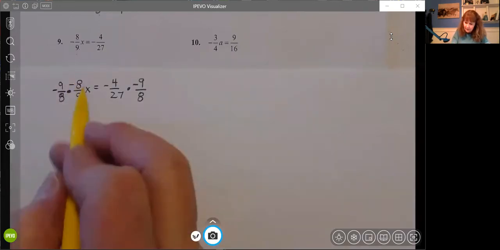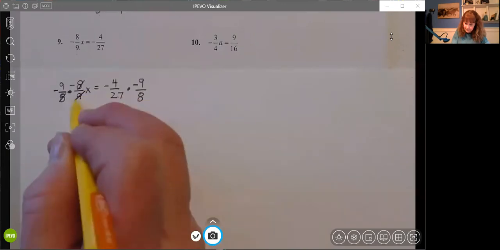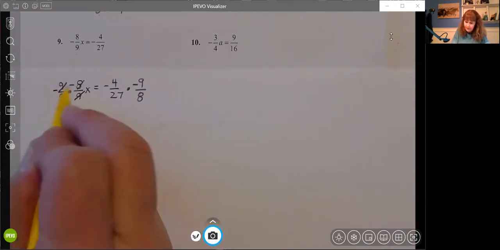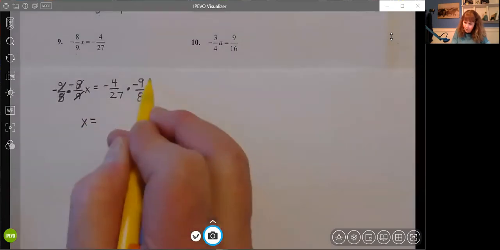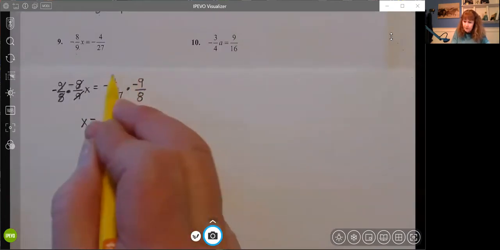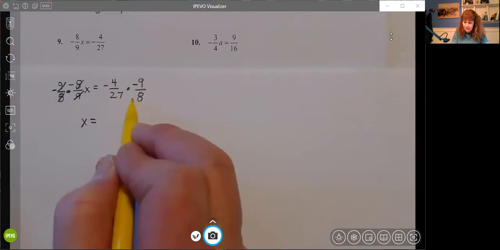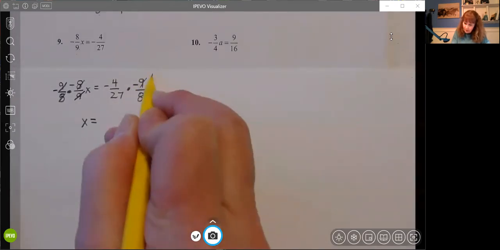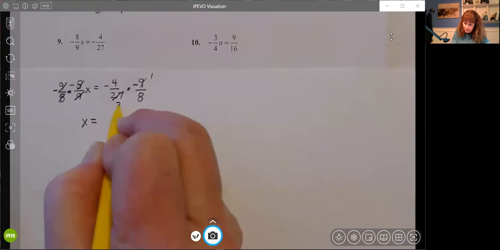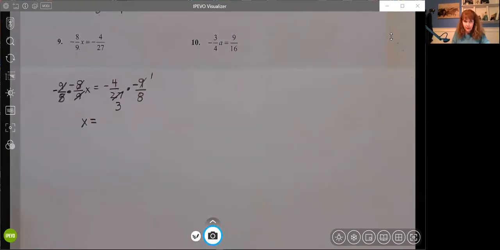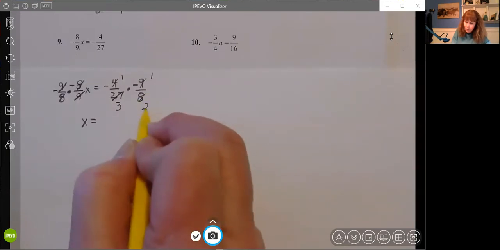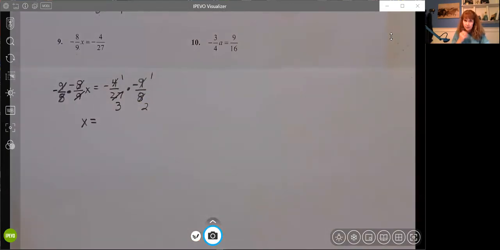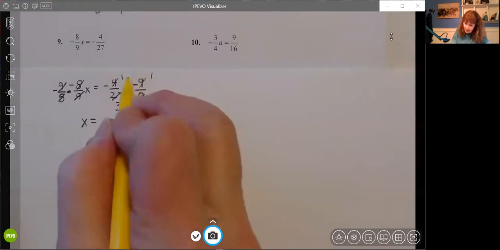So what happens on the left is they cancel. And negative times a negative is a positive x. Over here, I'm going to see what I can do to reduce before I multiply straight across. 9 goes into here once, 9 goes into here 3 times. That helps. 4 goes into here once, 4 goes into here twice.